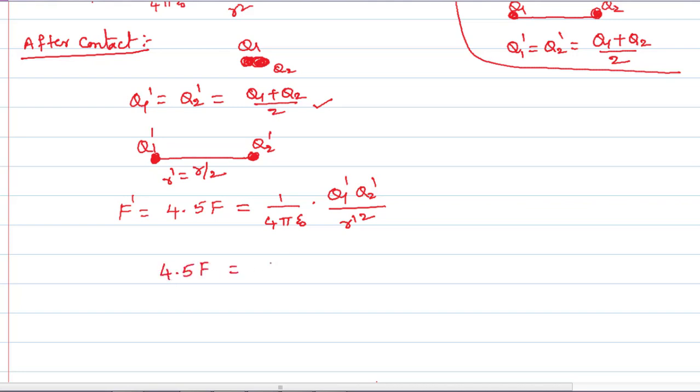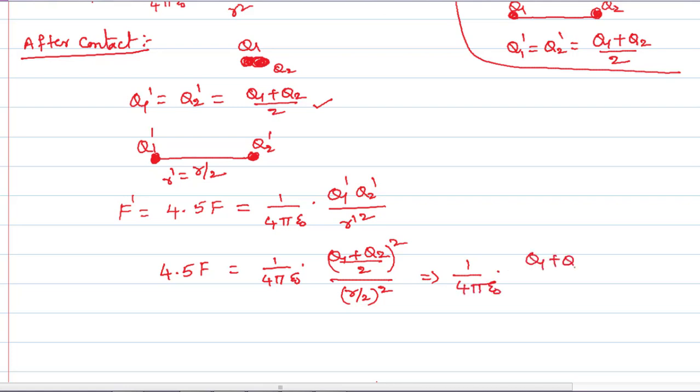4.5F is equal to 1 by 4 pi epsilon naught into (q1 plus q2) by 2 whole square divided by (r by 2) whole square. That implies 1 by 4 pi epsilon naught into (q1 plus q2) whole square divided by 4 into 4 divided by r square.